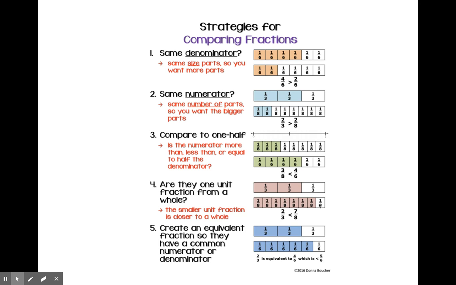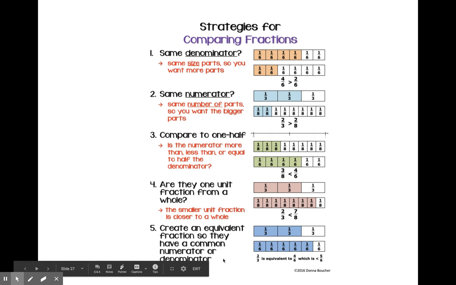Now look, I only have 1/8 left here, but Jackie still has 1/3. Because these are larger pieces, the smaller piece actually means you have less to go. So 2/3 is less than 7/8. 7/8 is greater.